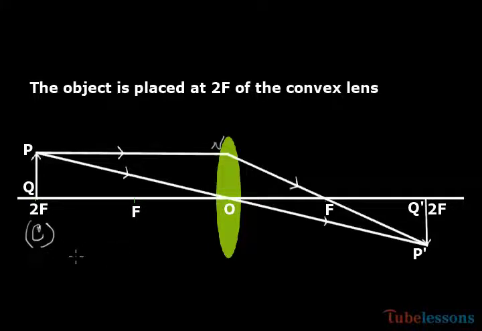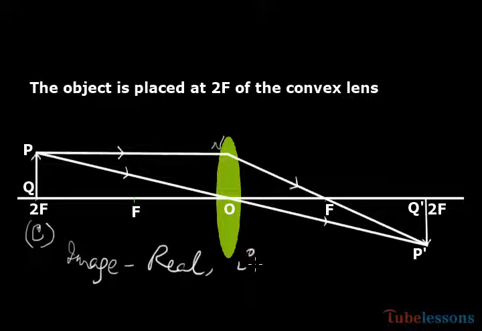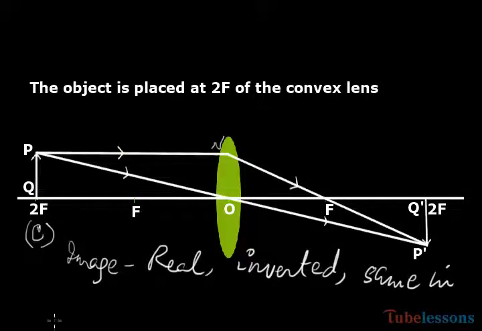Now we write: image is real, always real inverted, and virtual erect. Inverted, same in size.